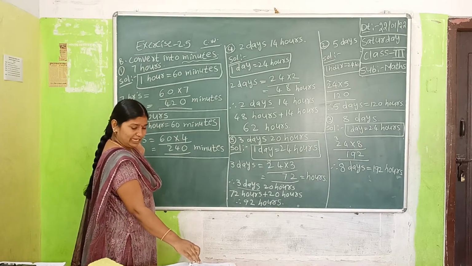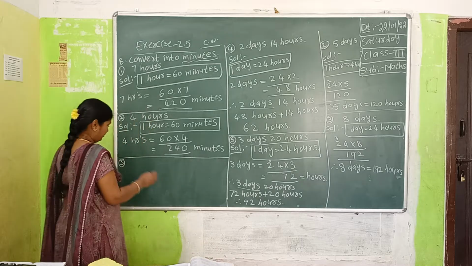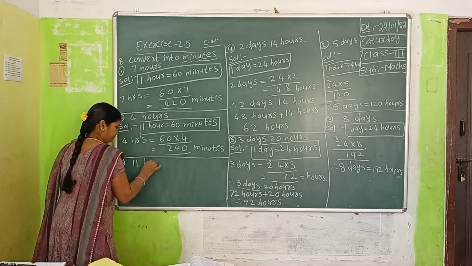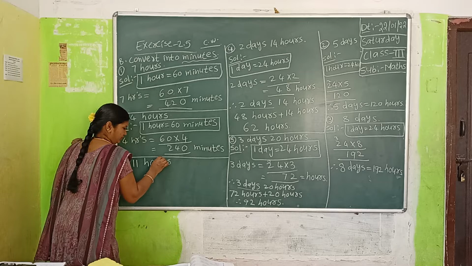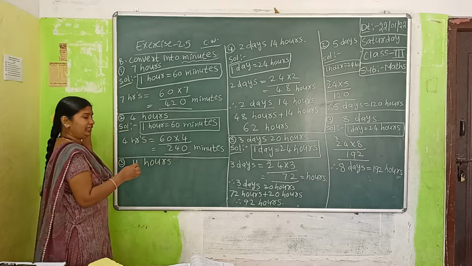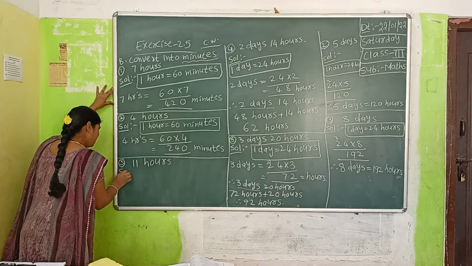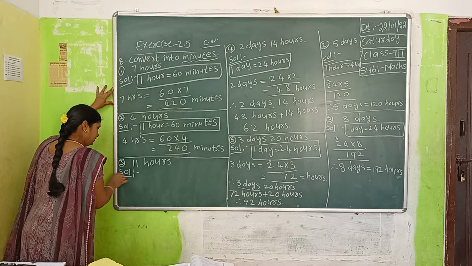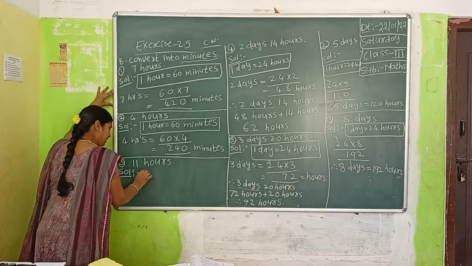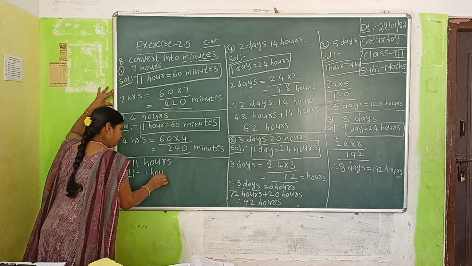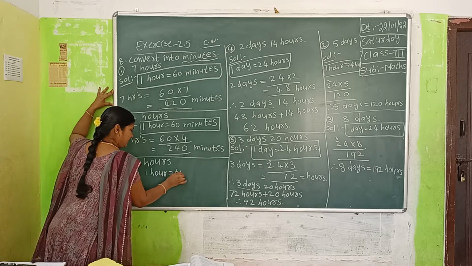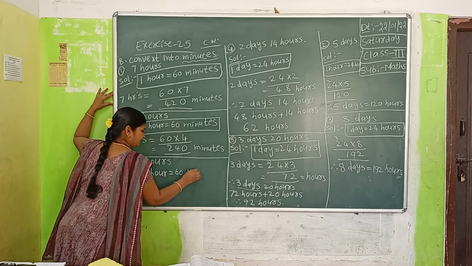The third one is 11 hours. Here also you have to convert hours into minutes, that is, 1 hour equals 60 minutes.